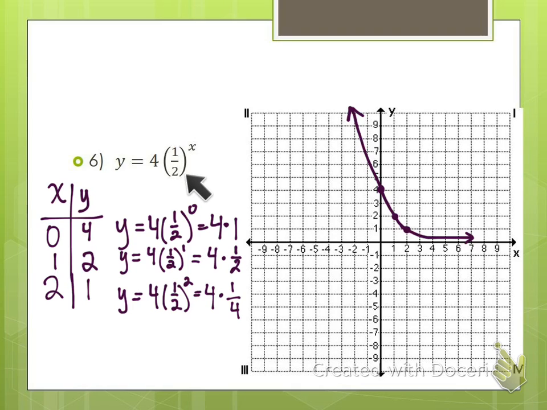So we would end up taking 4 times 2 to some power. Okay, whereas if you are taking a whole number, raising it to an exponent, then you're turning it into a fraction. Okay, do we see how this one's getting smaller and smaller and smaller as we go? Whereas the last one got bigger, bigger, bigger.